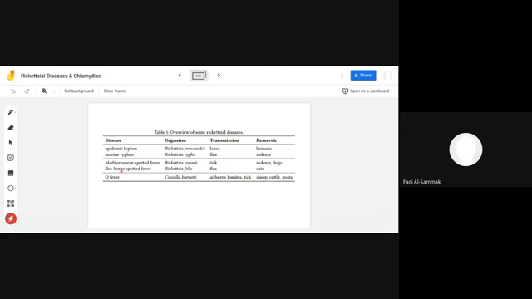Now, for the Q fever, which is caused by the C. burnetii, the transmission is by inhalation of dust contaminated with the organism. And in this microbe, we have two different phases.